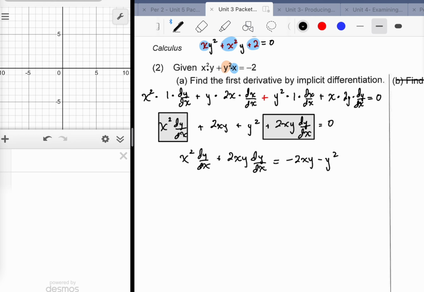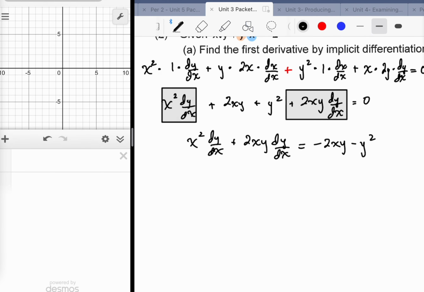Then you look at the left-hand side, and you see, hopefully, there's a common dy/dx to each term, as in a greatest common factor, the GCF approach. All right, so you can factor out more than just a dy/dx, but since that's the thing that we're trying to isolate, it makes sense to just factor that out. So dy/dx times x squared plus 2xy.